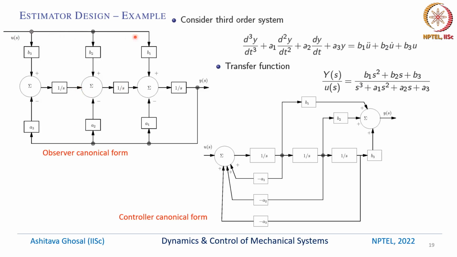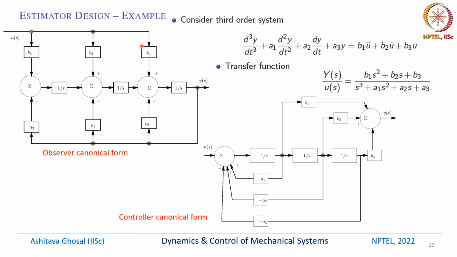So basically you have U and then B3 into U, then we have U into B2 and U into B1, but then you have to do all these integrations and then add A3 coming from here, A2 coming from here, and then this is Y. This block diagram is what is called an observer canonical form. The other block diagram is what is called a controller canonical form.